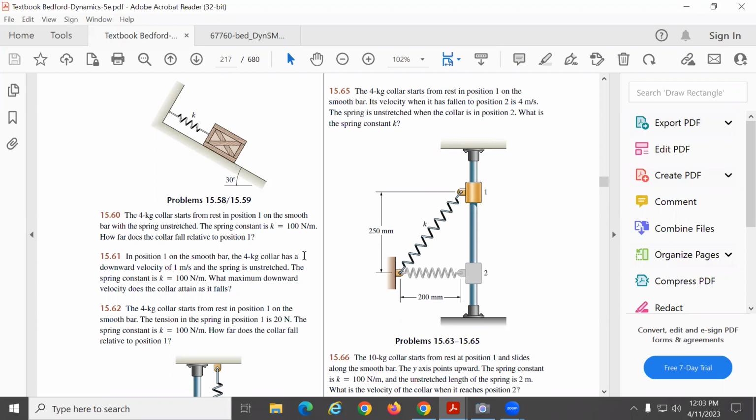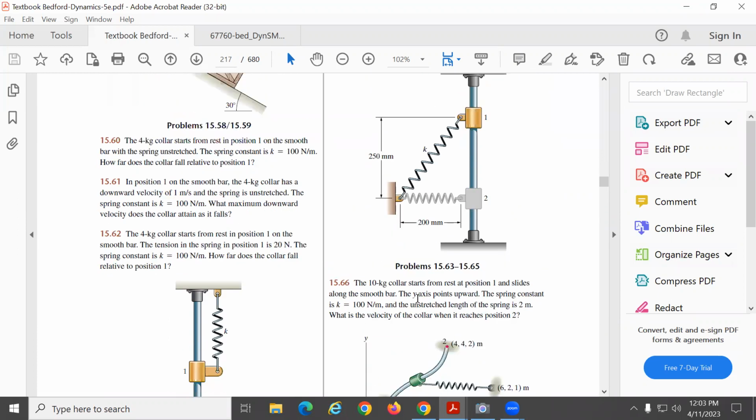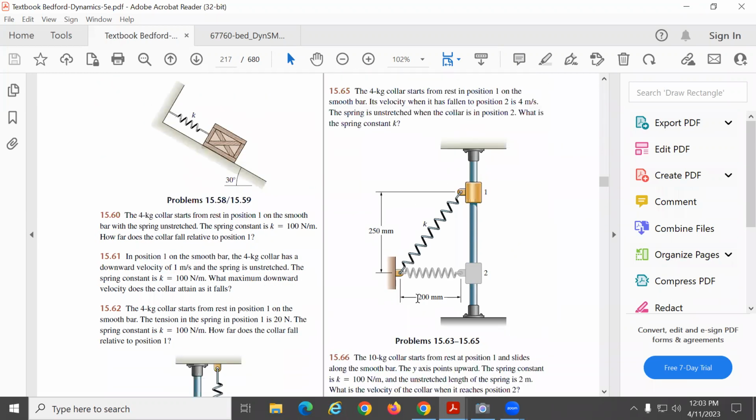This is problem 1565. Well, we do that one, okay? And we know the distances are 250 and 200, so I put 0.25 meters and 0.20.